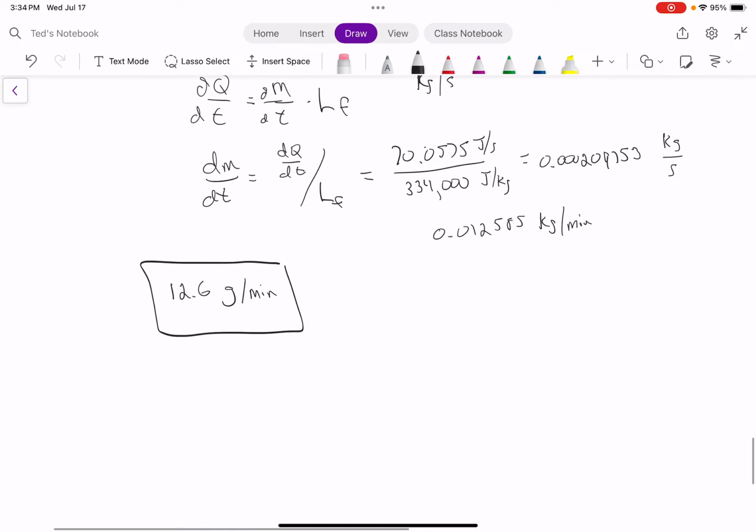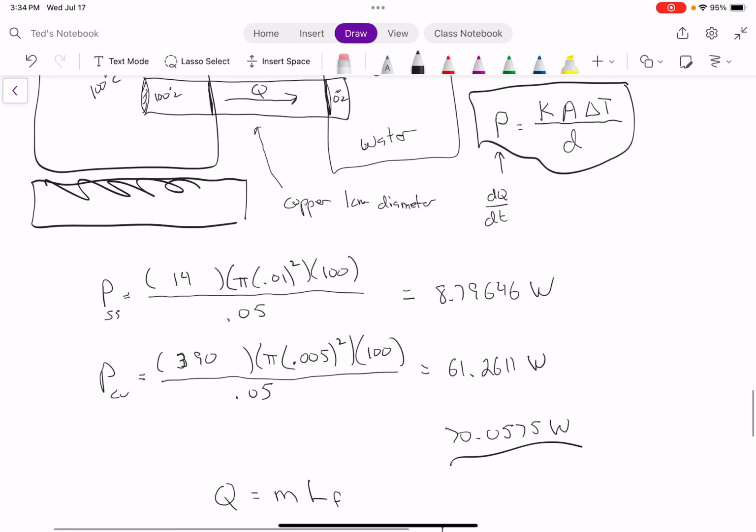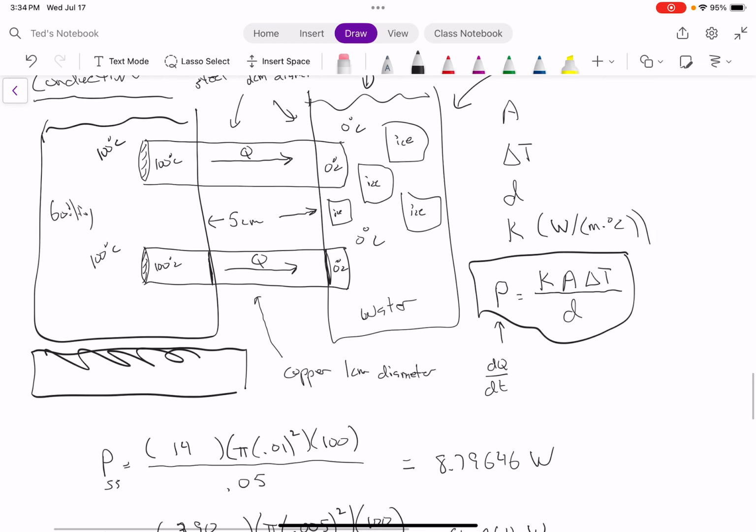And of course, that assumes that there's no other source of heat for this water. It assumes that this thing is inside of a very good thermos that's preventing any heat from conducting from the air around the glass or from the table underneath the glass. This is just the ice that would melt due to the heat going through the rods.